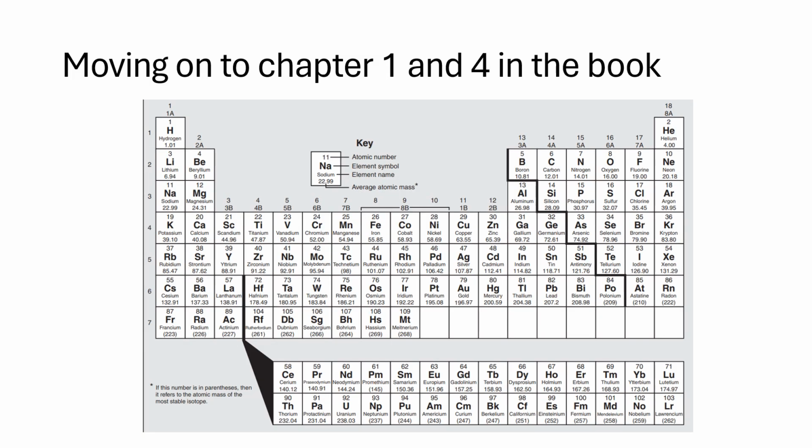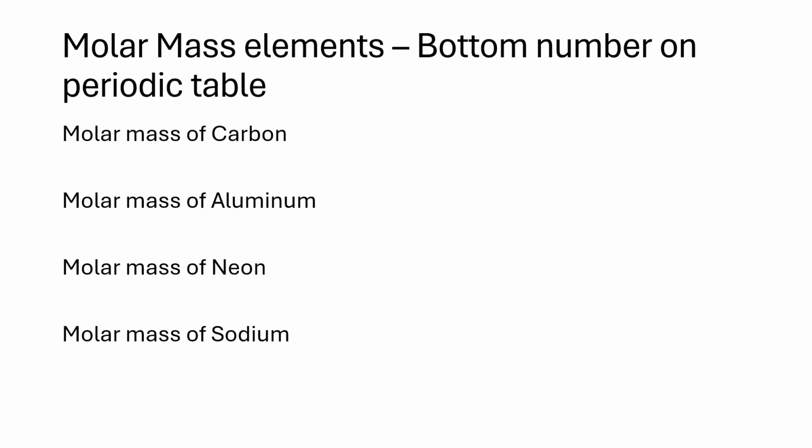All right. Now here we're going into moles, grams, all that stuff. This is a periodic table that I'll give you in the back of your test. You can rip it off and use it during the test. Now keep in mind the bottom number is the molar mass.